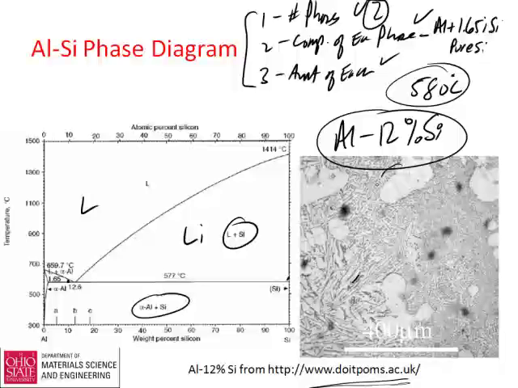Well, this is this primary aluminum, this stuff here. And if I do the math on the top of this, ask the question, how much primary aluminum should there be? It should be this distance.